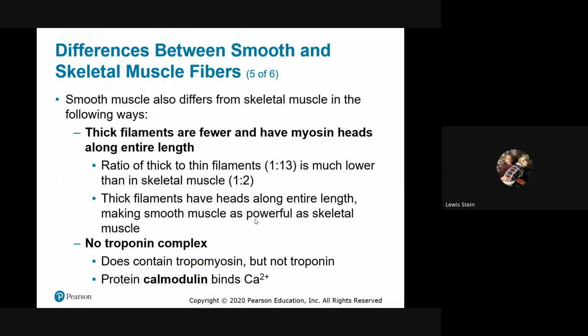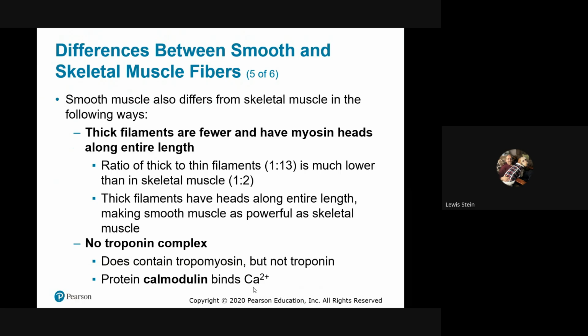It's not that it's not strong, it's just the speed and the arrangement. It does not have troponin. It has tropomyosin, but not troponin. The whole thing is triggered by calcium, the vast majority extracellular, binding to a protein that changes shape, not unlike what troponin does, but arranged differently.